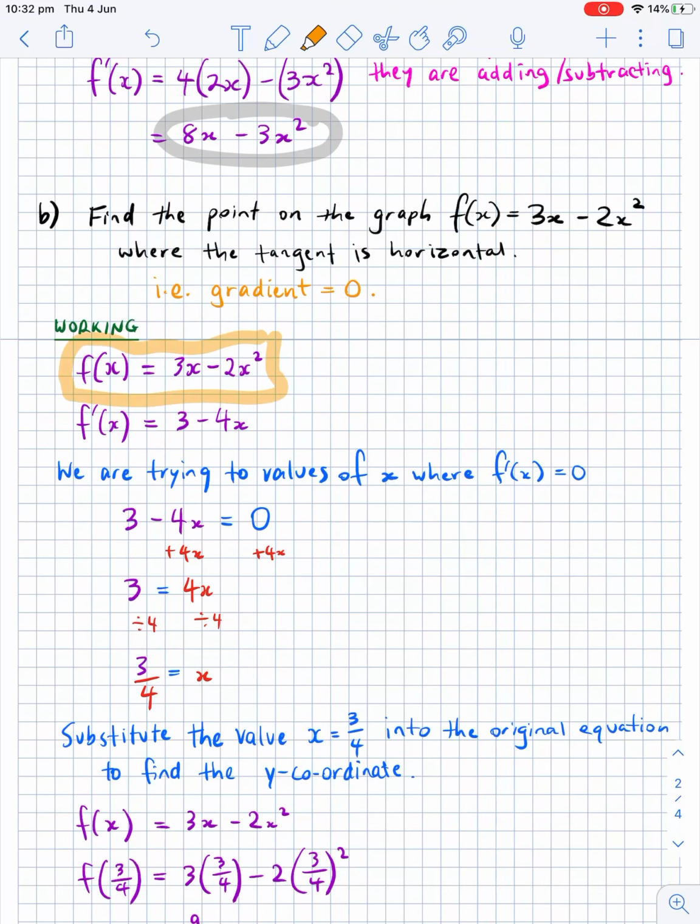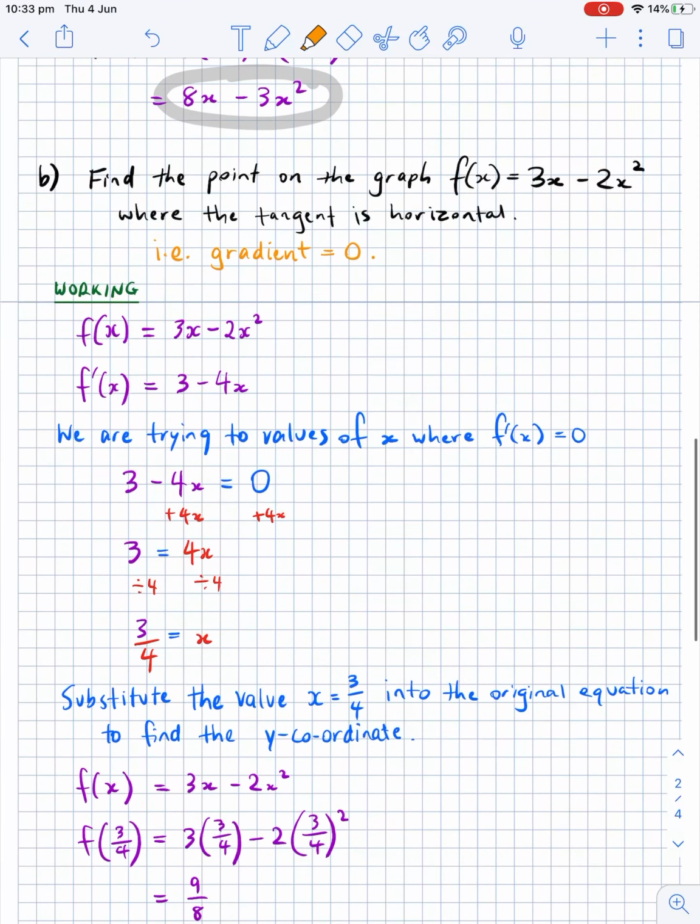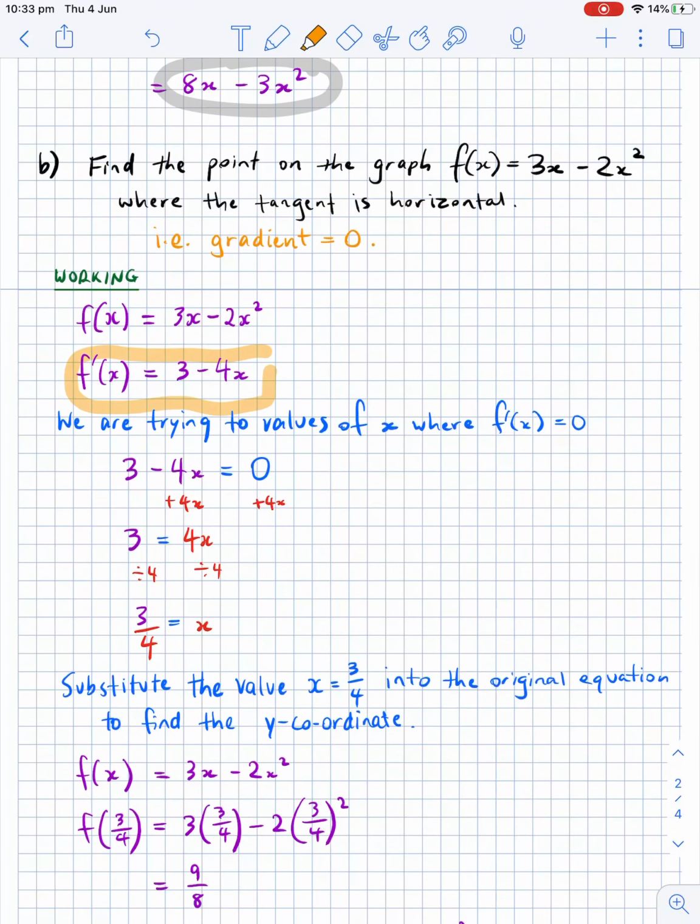So the idea is, we've got our function. You want to find the derivative, because this is all about figuring out gradients at different points. If we differentiate 3x, that just becomes 3. And if we differentiate 2x squared, that becomes minus 4x. So that's going to be our derivative. This gives us values for gradient.